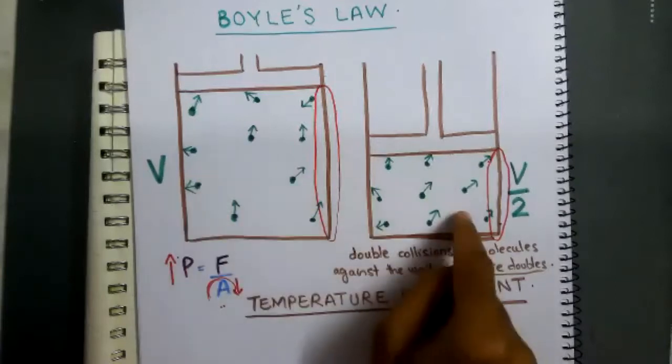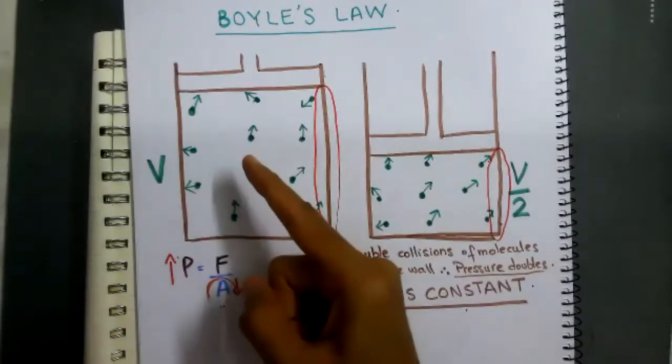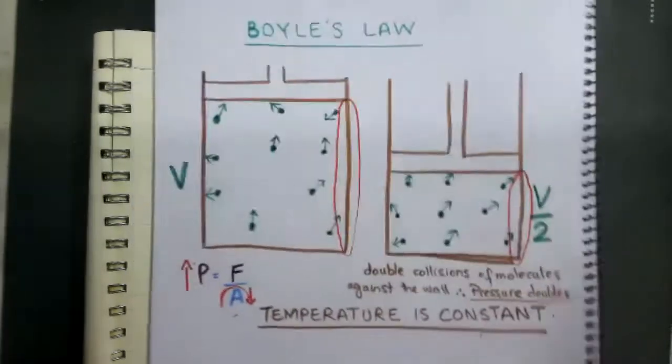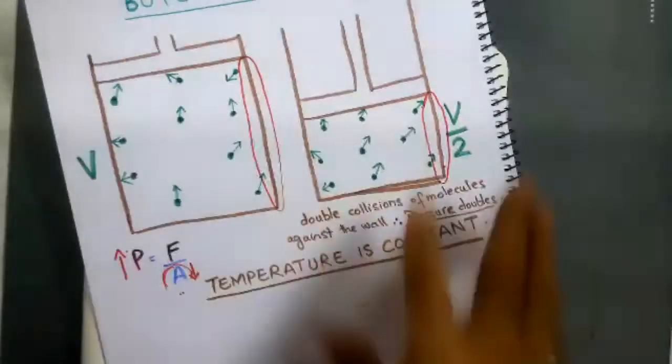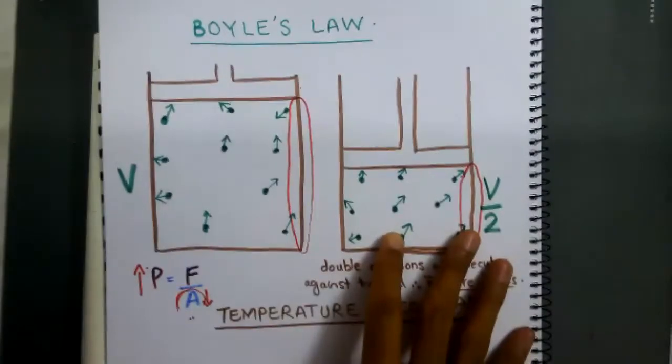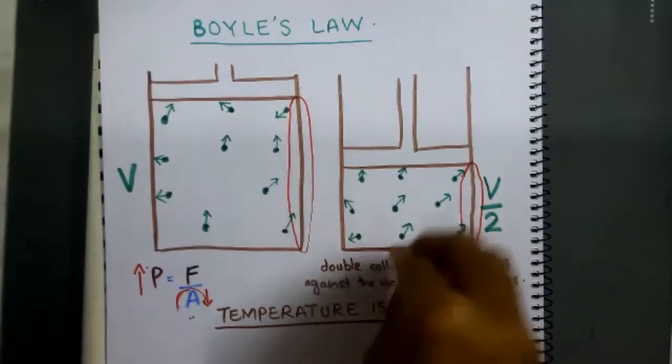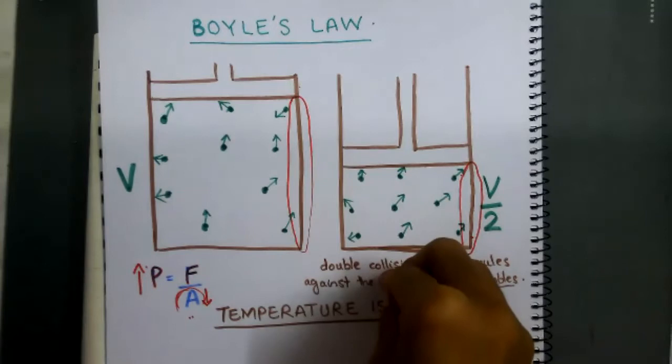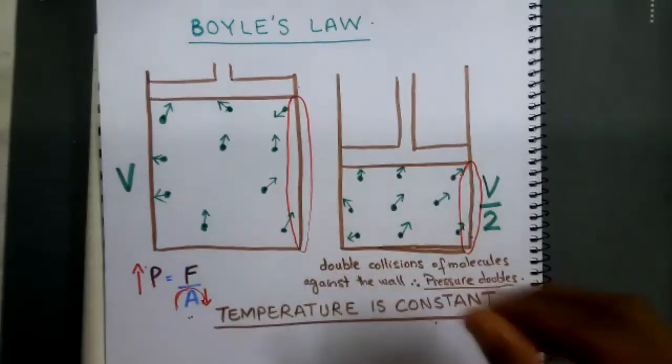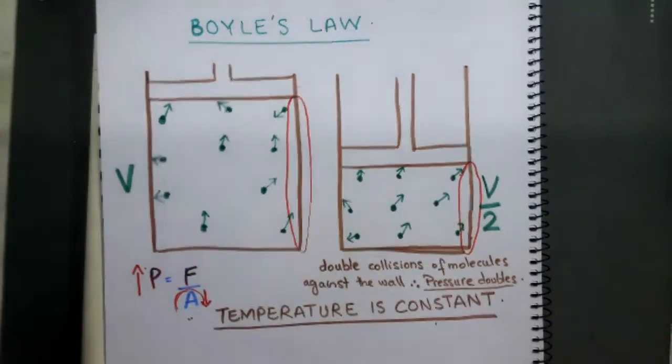If volume is halved, pressure is doubled. We'll talk about the graphs and the formulae later. Understand the kinetic theory first, because understanding the kinetic theory of particles is easier, and once you understand that, understanding the formula would be even easier.